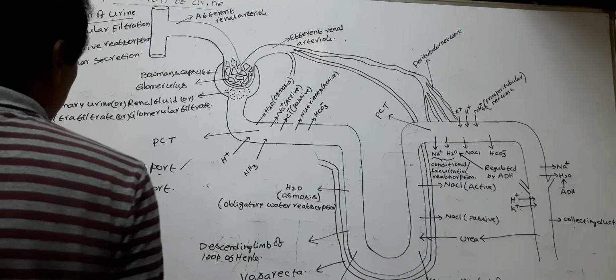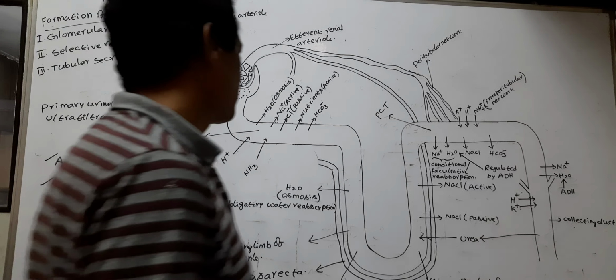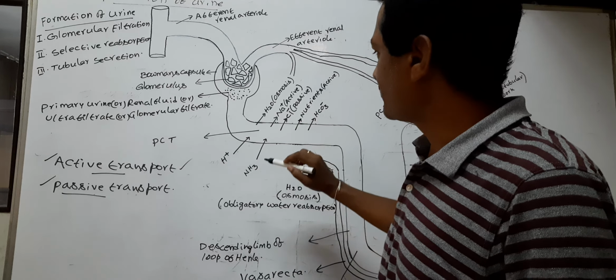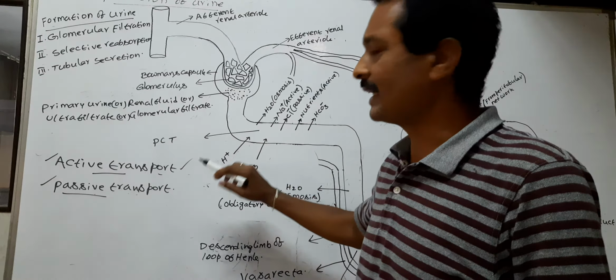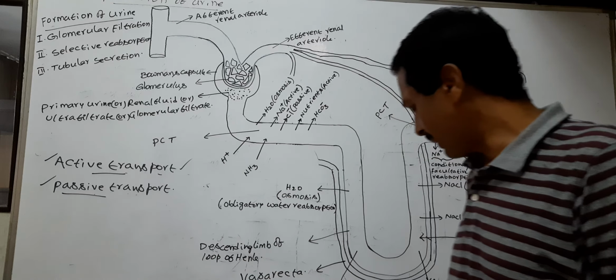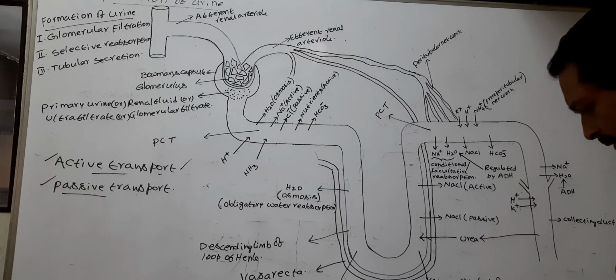So the epithelial tissue of different parts of the nephron reabsorbs the essential substances either by active transport or passive transport.